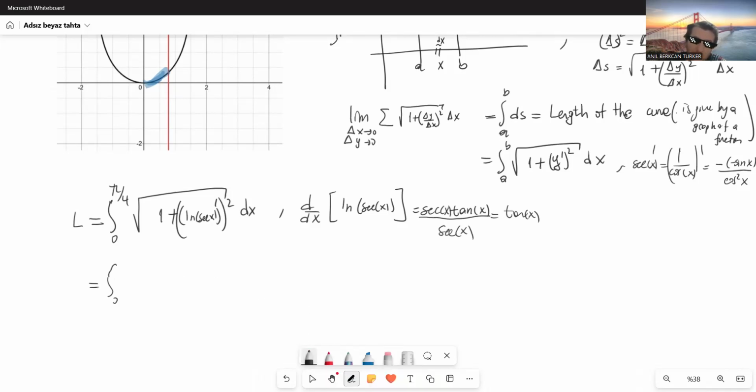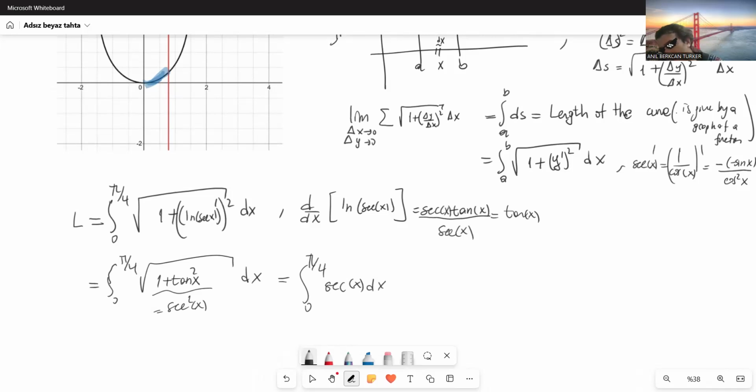So it's the square root of 1 plus tangent squared x dx. Because this is the derivative of the function, you need to take the square. So it's secant squared, from 0 to pi over 4. Since secant is positive in these boundaries, you can take it out, secant x, because this is secant squared x. So dx, and we can calculate this.